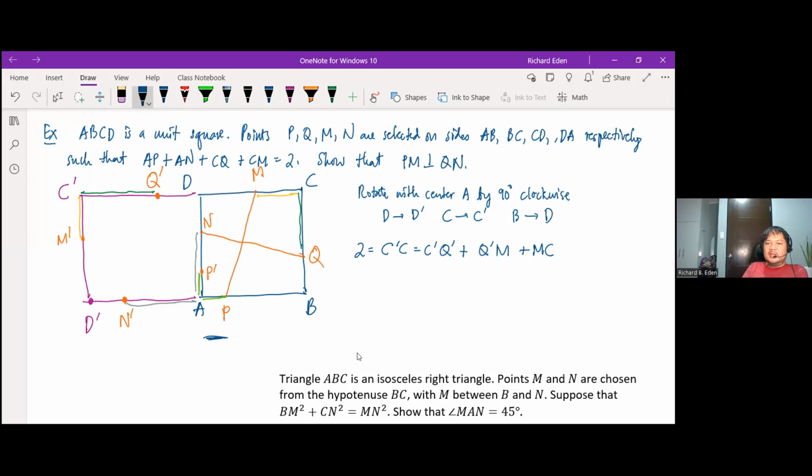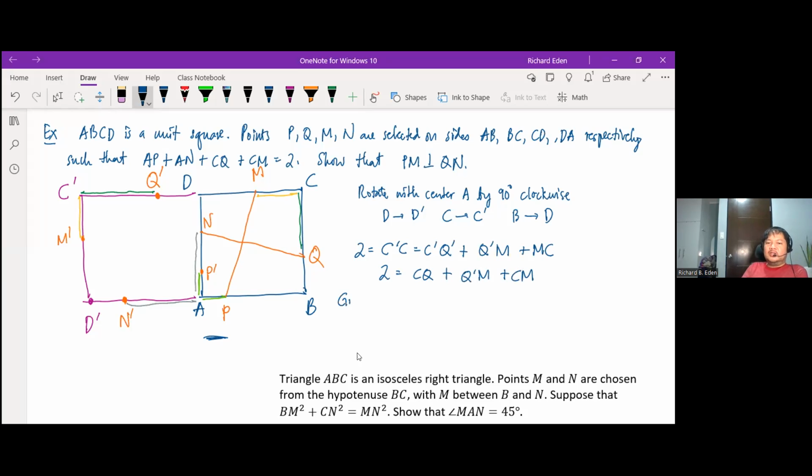C prime Q prime, that's green, that's CQ. Q prime M, and then MC, that's yellow, that's CM.